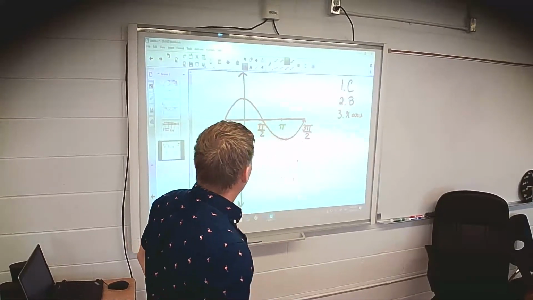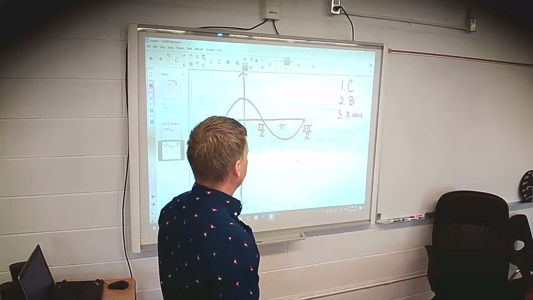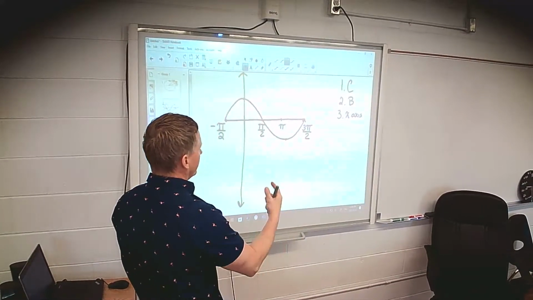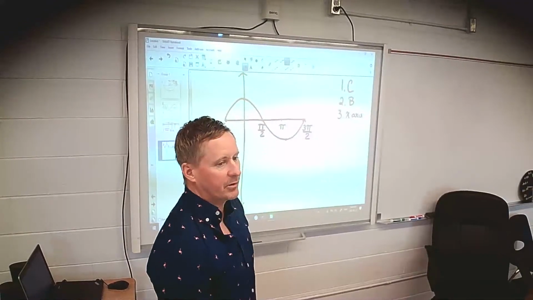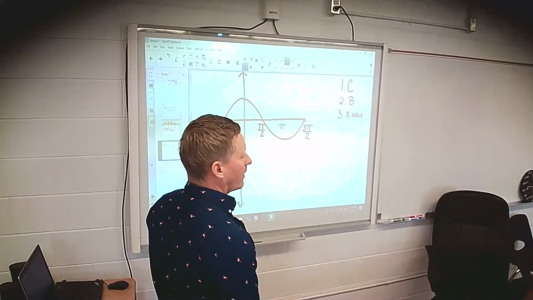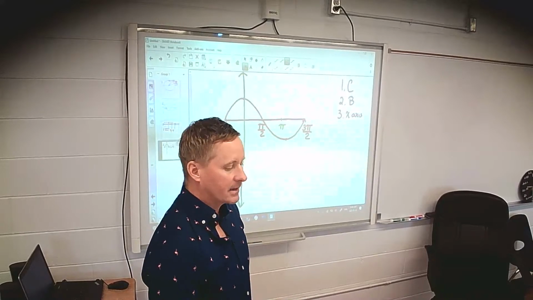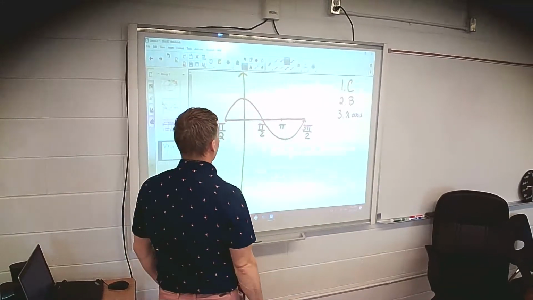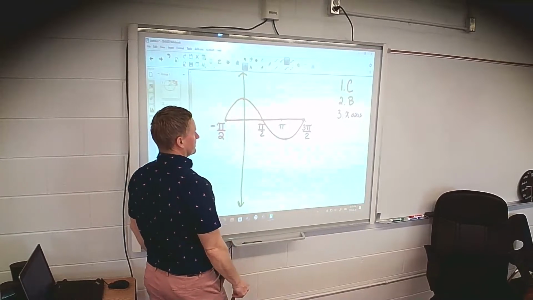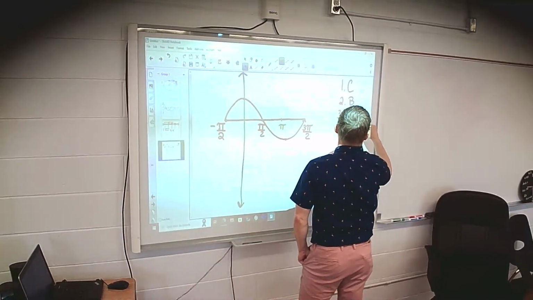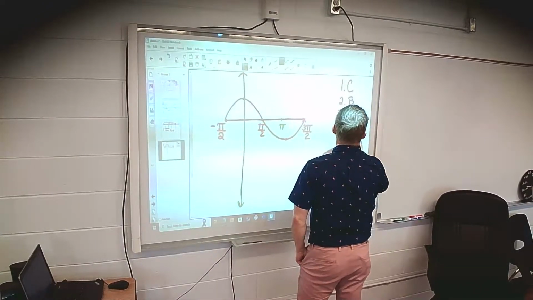Now, at this juncture, I've identified C and I've identified B. Now I just have to put in the values for my y-axis. What's my midline in this graph? Look at your equation. Y equals 3.